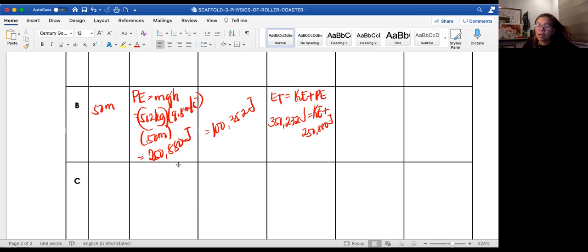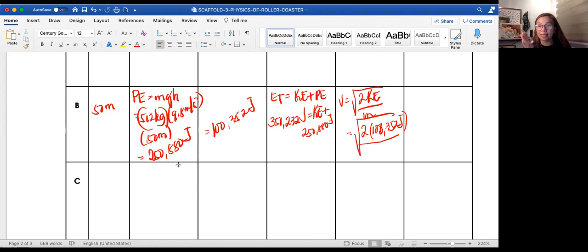Now, how do we get the velocity? Square root of 2KE over m. So we have the square root of 2 times our KE, which is 100,352 joules, divided by the mass, which is 512 kilograms.